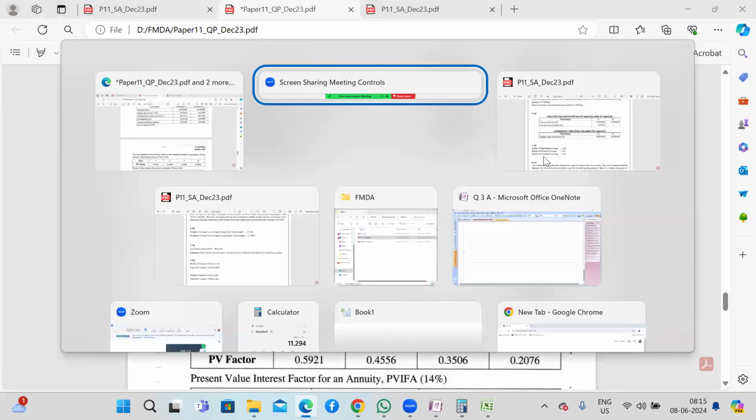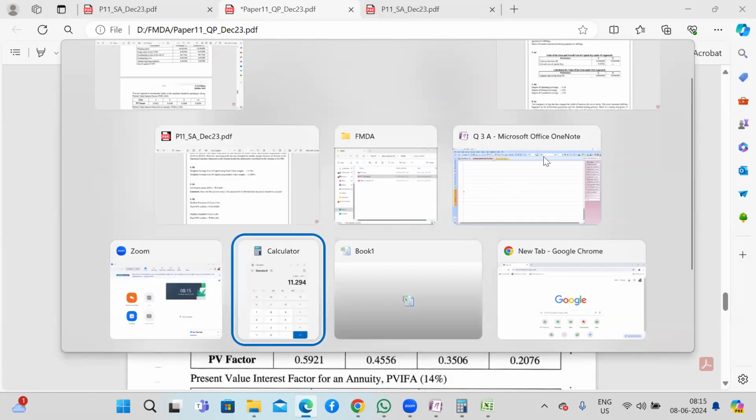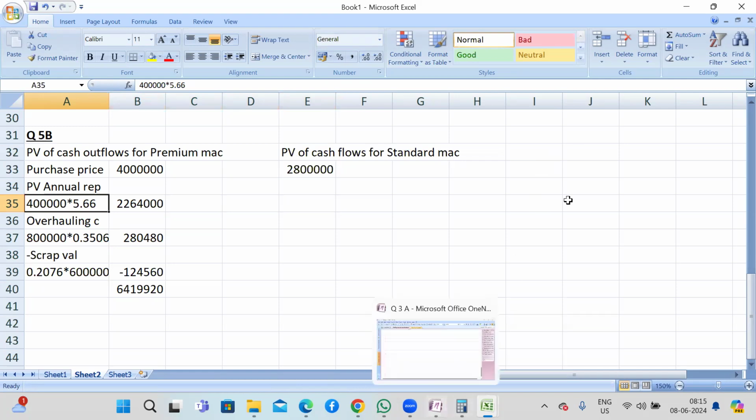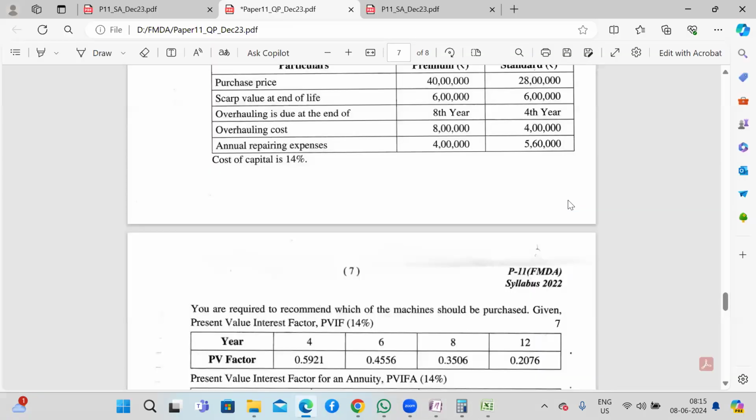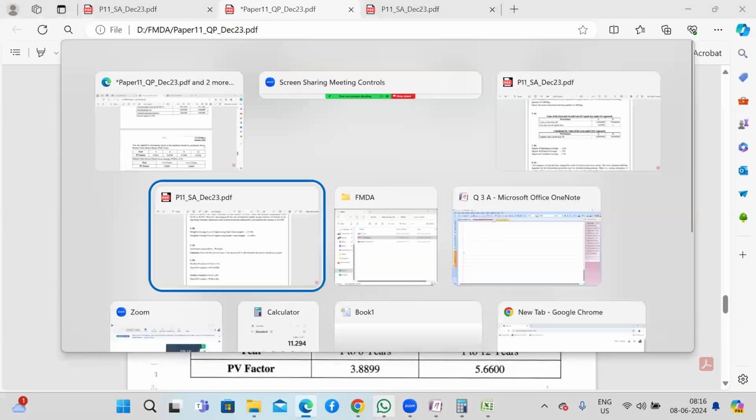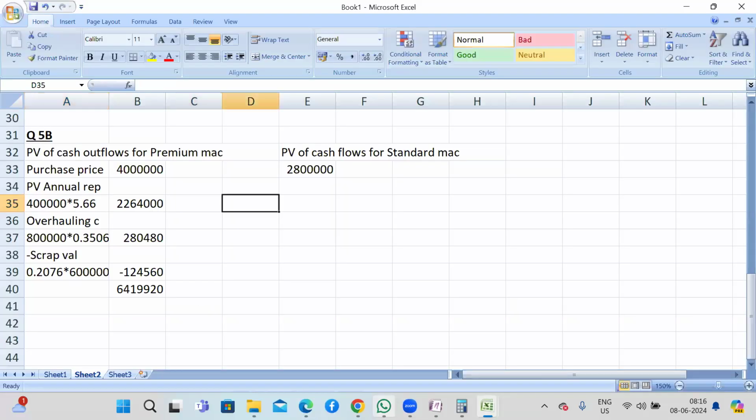So annual repairing is 5,60,000. This is for 6 years, right? So this machine is for 6 years. So for 6 years, what is the annuity factor? 3.889. So 5,60,000 into 3.889.